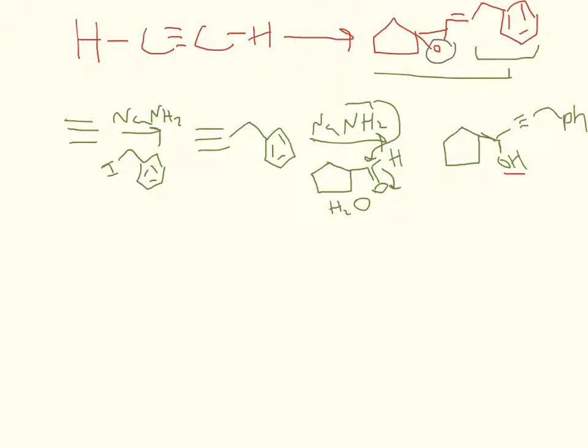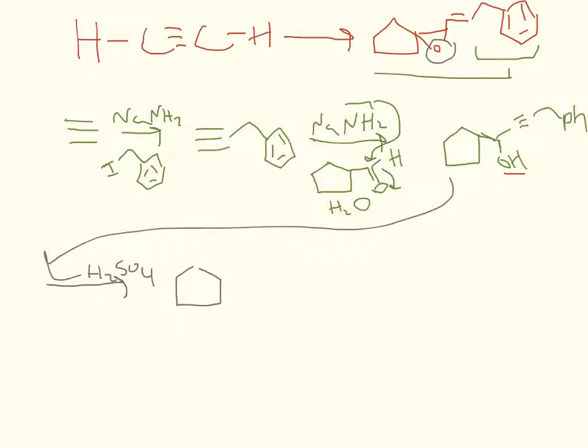We're going to use H2SO4. And that will give us the E1 reaction that we need, and give us a double bond right here, and get rid of that alcohol group. And we still have the triple bond and the phenyl. The Ph is for phenyl.